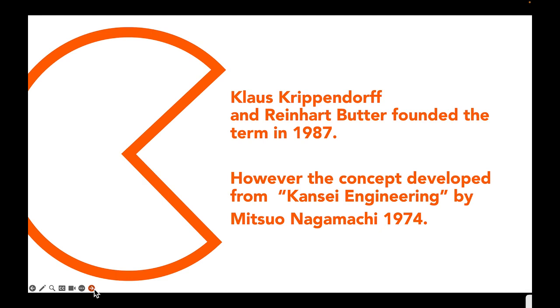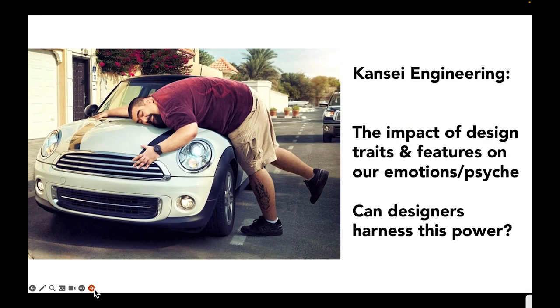If you go onto the Mazda website, you will find evidence of Kensei engineering still being used. So what is Kensei engineering? It's the impact of design traits and features on our emotions and psyche. So the question we need to think about is, how can designers harness this power and use it for good?